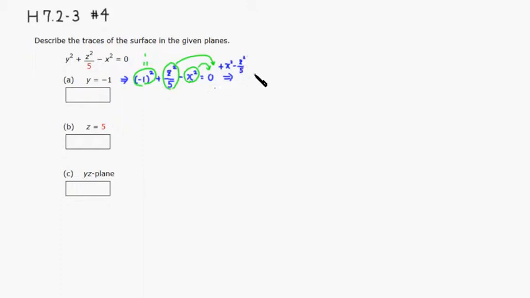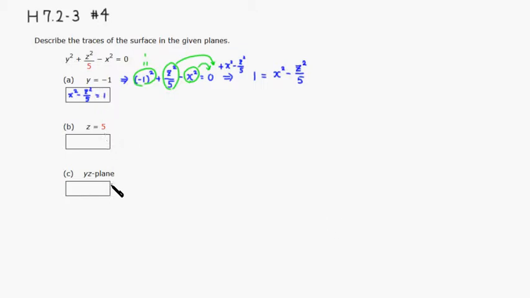So we'll get this equation: 1 is equal to x squared minus z squared over 5. So this is the equation of a hyperbola. I'll write it as x squared minus z squared over 5 is equal to 1.